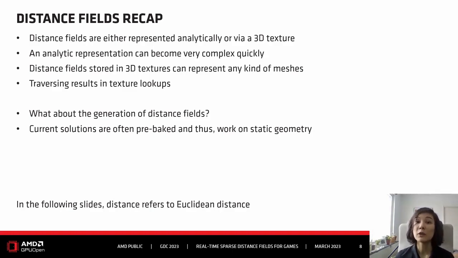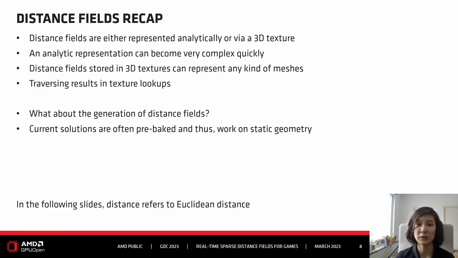And then when you evaluate the distance field, so you do the traversal and you want to get the distance for the point, it might involve a lot of computations. While with a 3D texture, the generation of the 3D texture can be quite expensive, but as soon as we have the 3D texture and you do traversal, then it's just the texture lookup. And then it also doesn't matter what kind of meshes you encoded in the 3D texture. This only plays a role when generating the 3D texture.